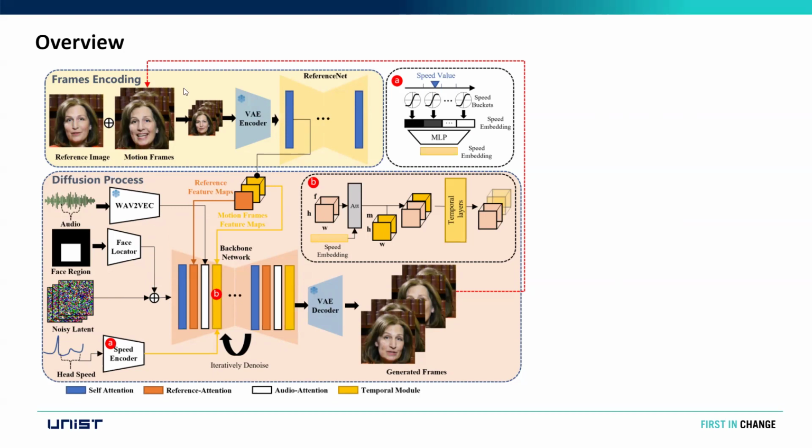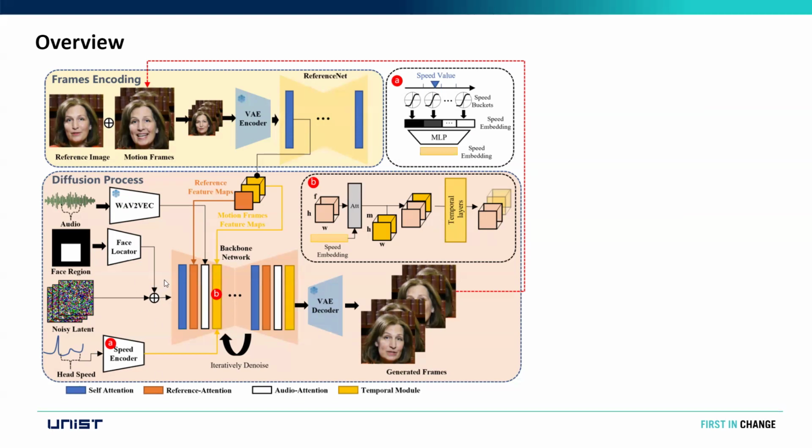After many steps, one step, we will produce output, and this is the UNet, but it's changed a little bit. In the UNet's first layer, we have self-attention, to add the face region locator with the noisy latent frames. This face region locator is used as a weak supervision to make the head motion more realistic.